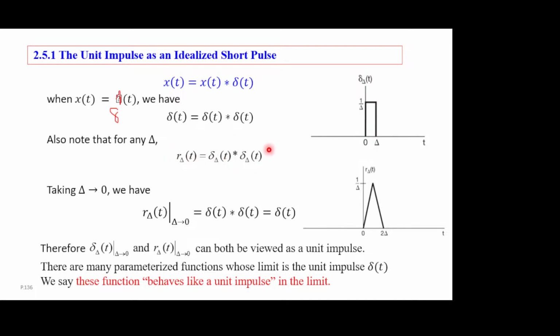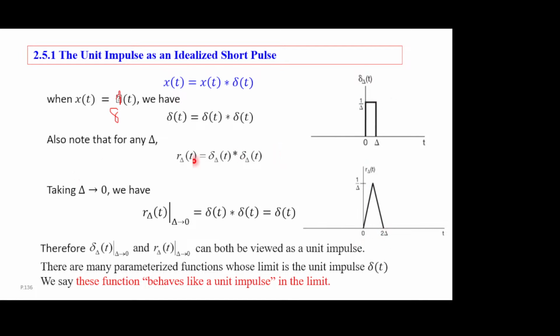So what is the convolution of delta sub-triangle with delta sub-triangle? If you do the overlap, you will find out that it's actually a triangle. We call this function R sub-triangle, and it has height also 1 over delta and width 2 delta. So the area is also 1, but instead of rectangular, it's a triangle now.